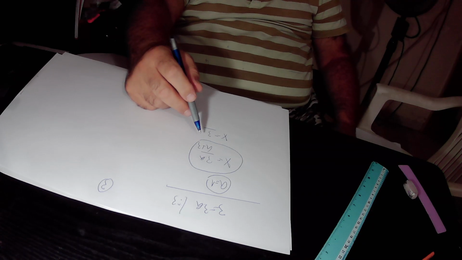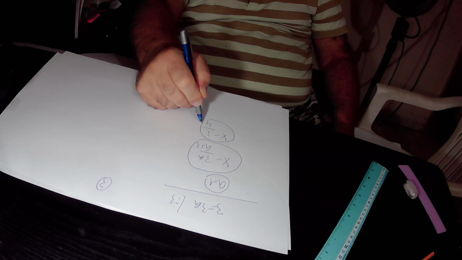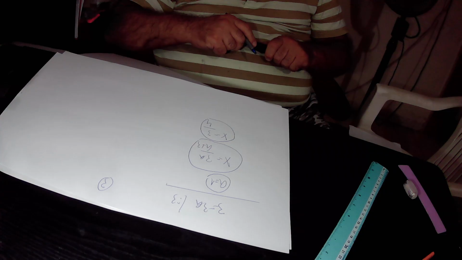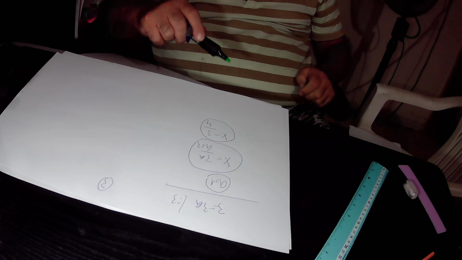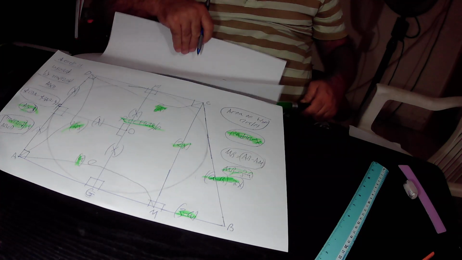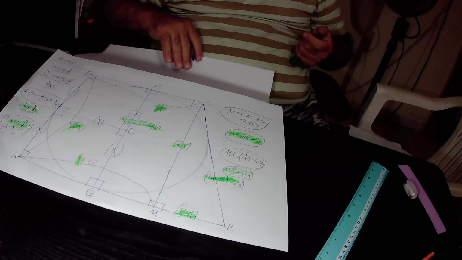A is 1, so a plus 3 is 1 plus 3, that is 4. So in total we found out that the radius of the circle x is equal to 3 quarters units in its length. Our task is to find out the area of this circle that is described by this trapezoid ABCD.